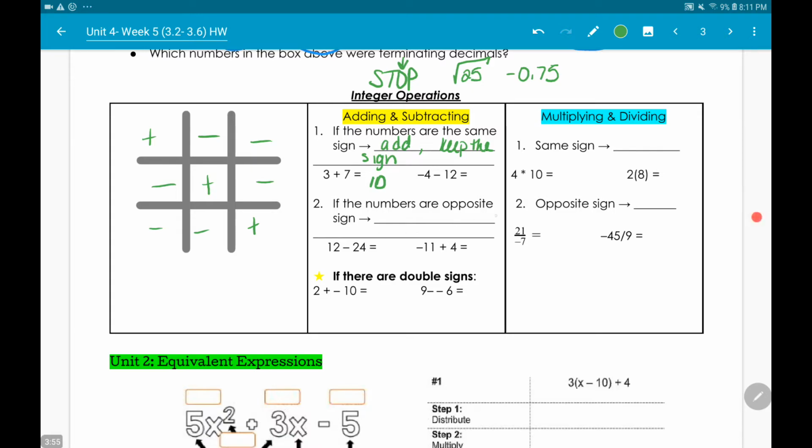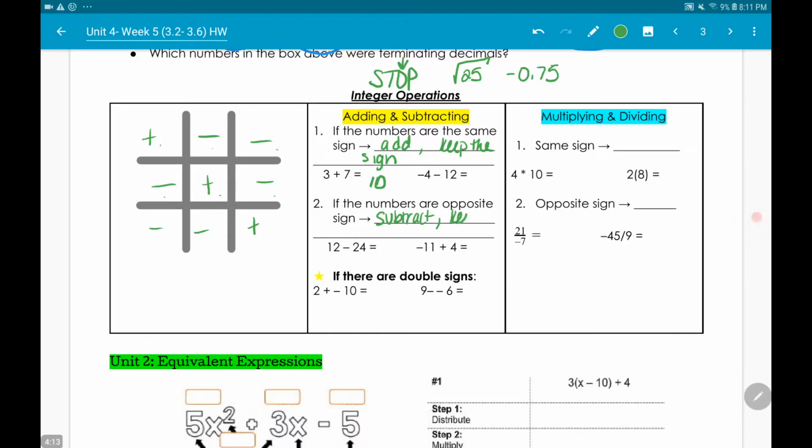If the numbers are opposite sign, what do we do? Let's see. I have a positive, I have a negative, and it says subtract. Same thing here. I have a negative, I have a positive. It's telling me to subtract. So I'm going to subtract them, the actual physical numbers.